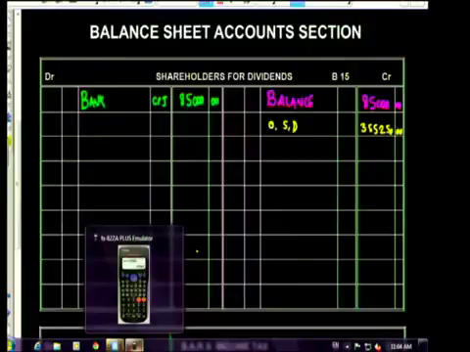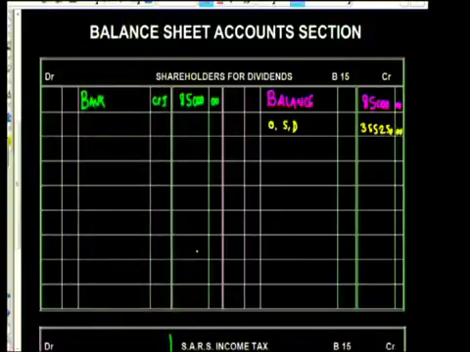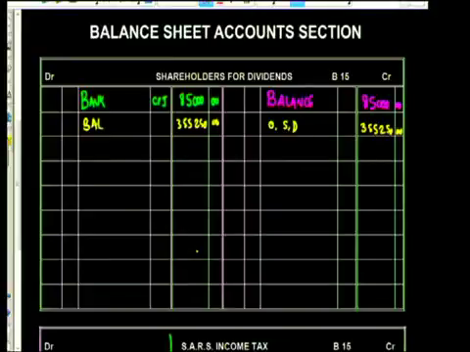You will notice that the 85,000 cancels out with the 85,000, and therefore, it's a simple method of balancing this account. 355,250 is your balance at the end of the year. That is your balance carried down, which will be your balance brought down for the next year, obviously an amount of 355,250.